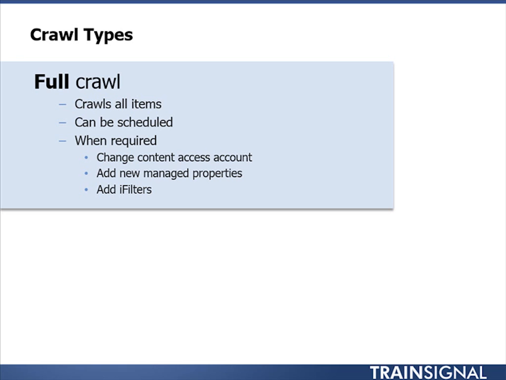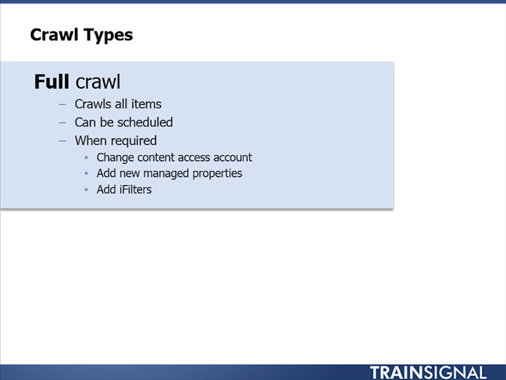So what some organizations like to do, just to make sure that they've got everything, is they like to go in and just schedule a full crawl, say like once a month or once every 6 months, sort of like a spring cleaning, if you will. I'm not necessarily a fan of that, because the different changes that we're talking about that are going to necessitate a full crawl, like adding in a brand new iFilter, those are going to be things that you're not going to be doing that frequently, if at all.